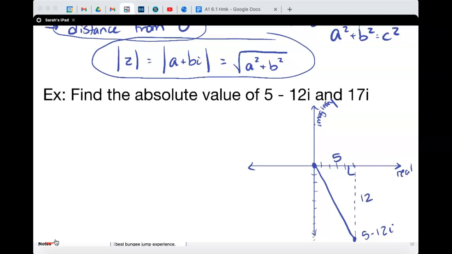So I have a right triangle. I can solve the right triangle to find this C value if I do the Pythagorean theorem. So here I have C squared equals 5 squared plus 12 squared. Anybody know what that is?